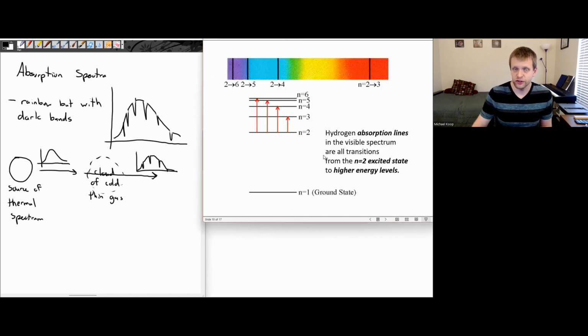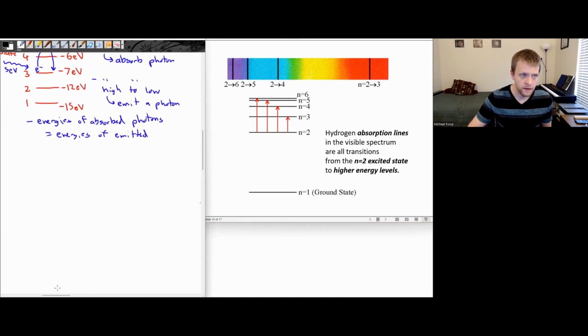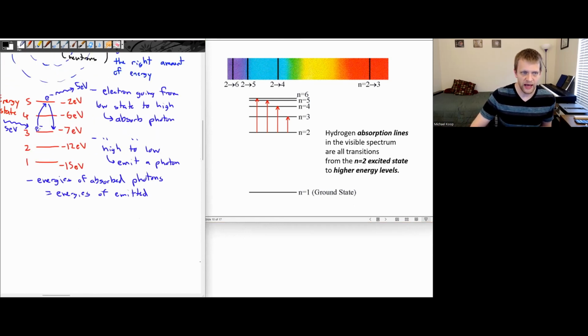So the hydrogen absorption lines show up at the same wavelengths and same photon energies as the hydrogen emission lines. It's because, as we mentioned before, the same energies that a particular type of atom will like to absorb are the same energies of photons that that atom will like to emit.